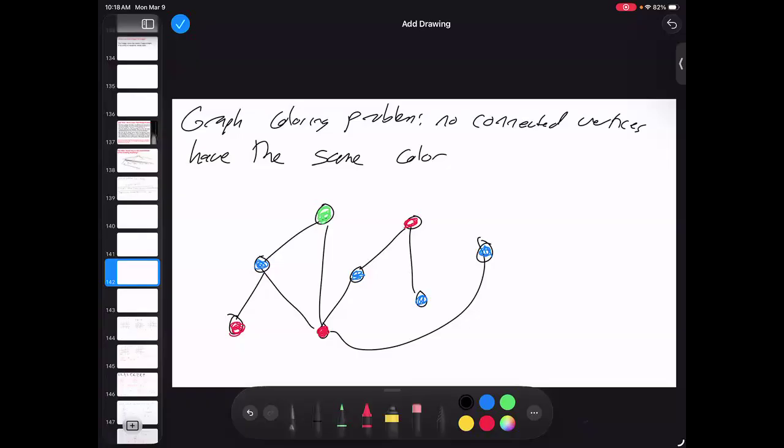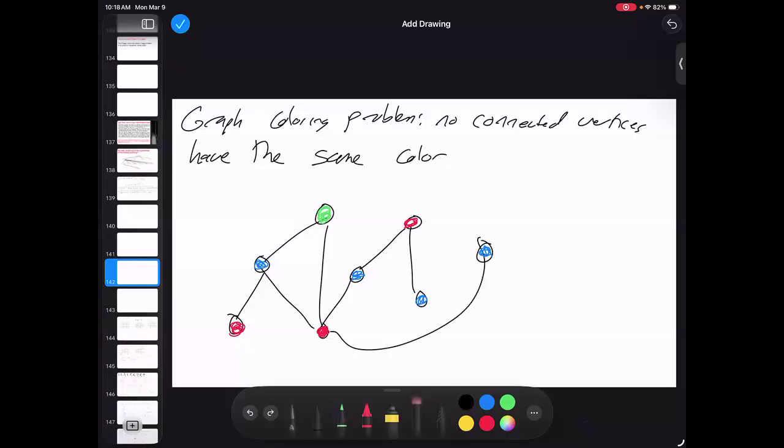For any graph I give you, for any collection of vertices and edges connecting them, what's the coloring number? If that green dot was gone, it could be very different. Or if I didn't have this edge over here, then I could color that blue. So it absolutely depends on the connections I have.